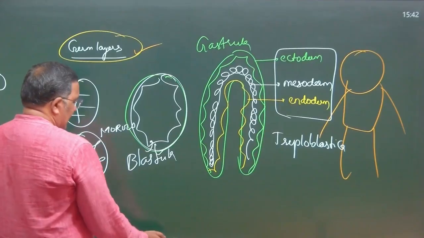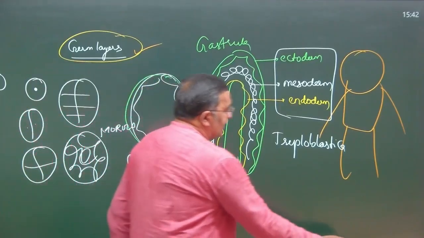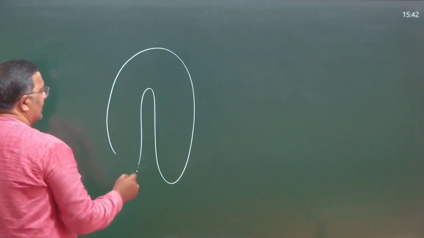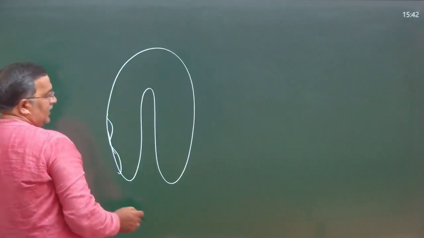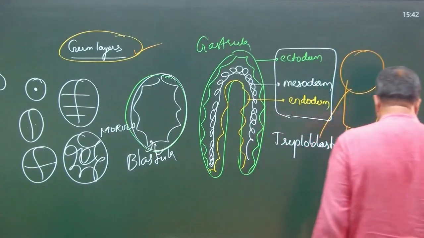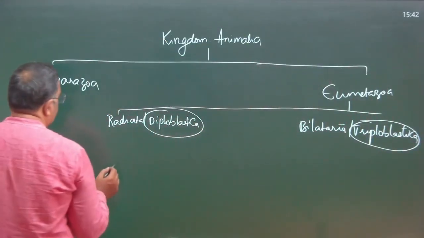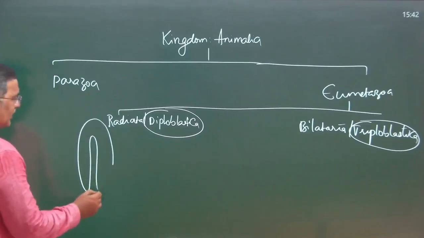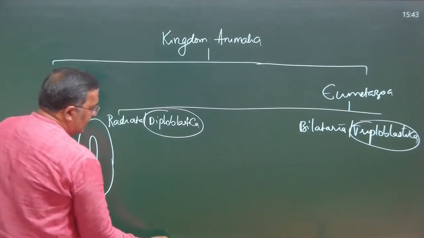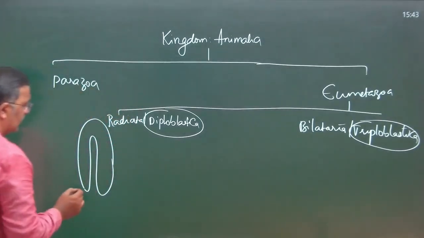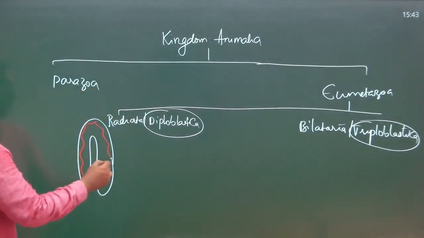If only two germ layers are present, what do you call them? Diploblastica. Let me show you. Let's go back here. This is radiata, which is also called diploblastica. If two germ layers are present, what is the outer germ layer?